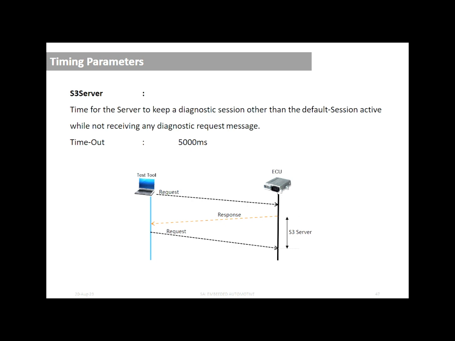P2 server is a performance requirement of the server to start the response message after the reception of a request message. P2 star server is a performance requirement of the server to start the response message after the transmission of a negative response message with NRC 78.